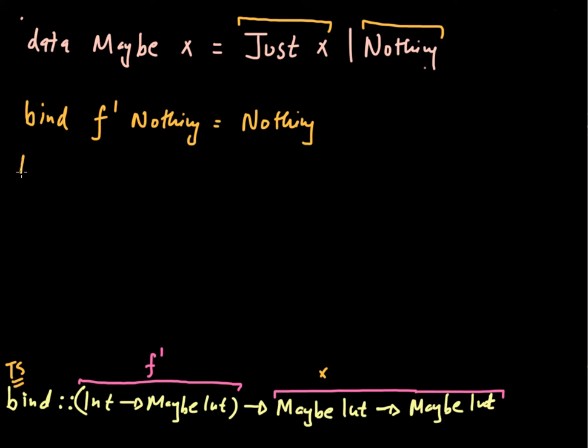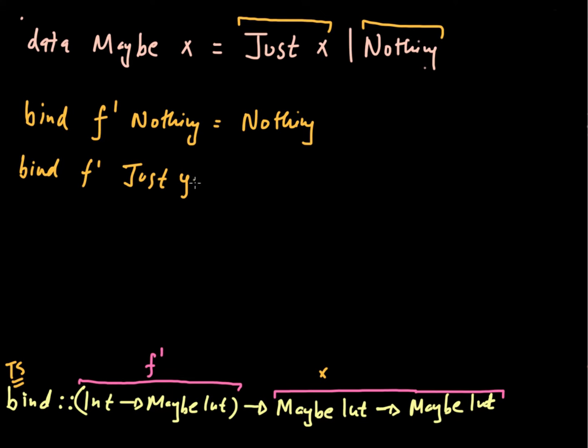Now, again using pattern matching, bind of f prime: what if I have something that happens to be Just some value? So if I say Just y, this entire piece, Just y, is of type Maybe Integer.